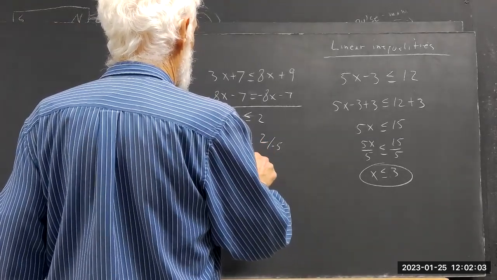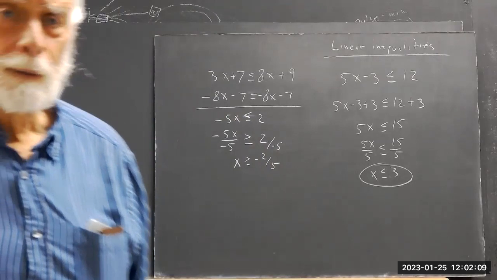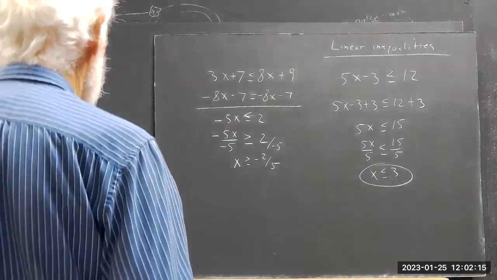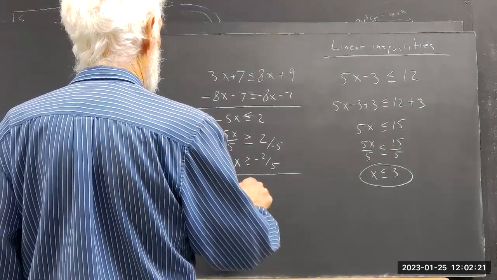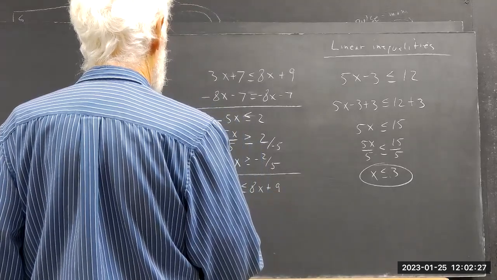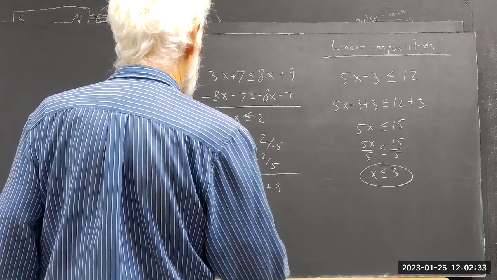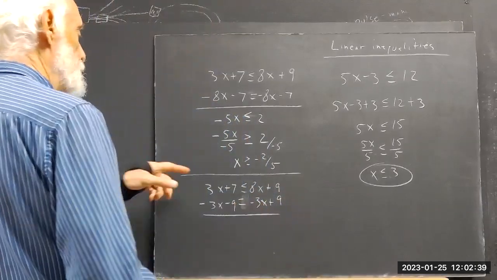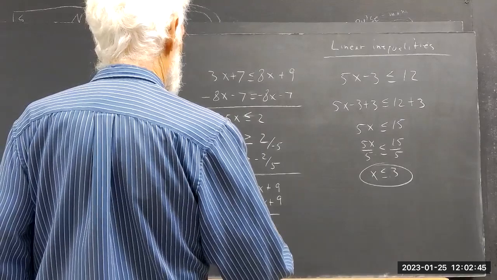That gives us x is greater than or equal to negative 2/5. Is that what you got? Now what you did is you solved it like this. Added this equation to this inequality, and I got negative 2 less than or equal to 5x.